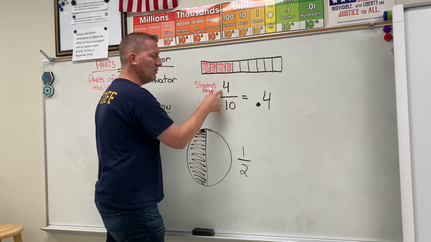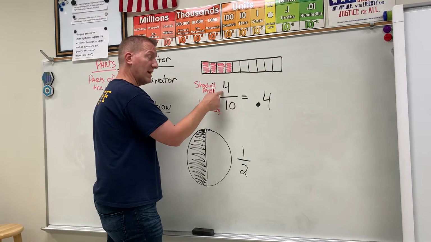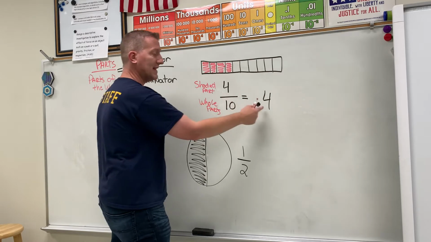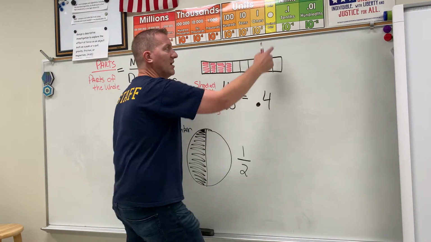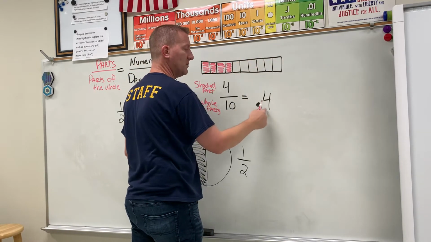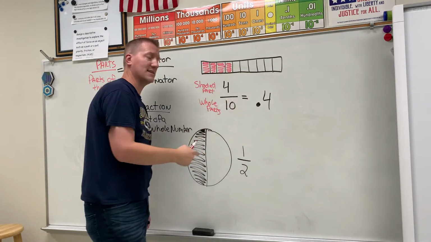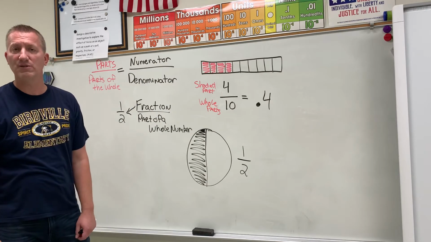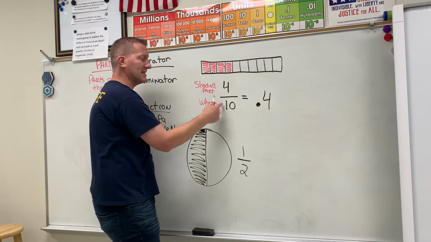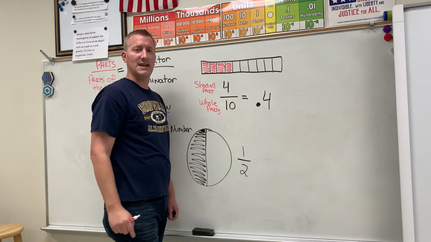And then if you read this, it's read 4/10. That sounds exactly like our decimal point 4, which is 4/10. And that's how you figure out what it is, because they sound exactly the same.